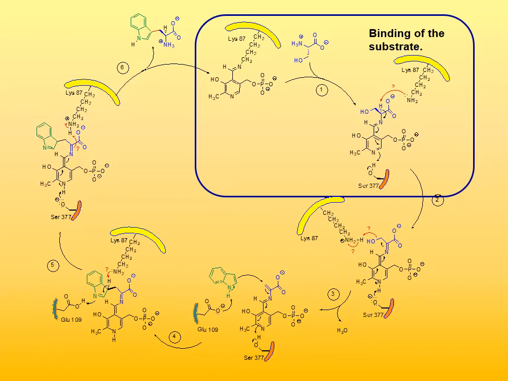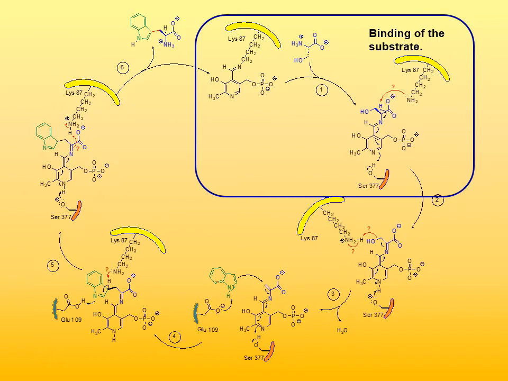So a molecule of serine enters the active site of the beta subunit of tryptophan synthase. The lysine 87 PLP bond, a carbon-nitrogen double bond, is broken and replaced by a carbon-nitrogen bond between PLP and the molecule of serine. The mechanism for that is not shown here.